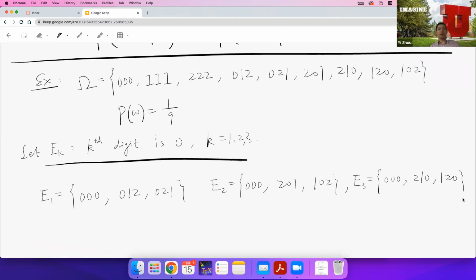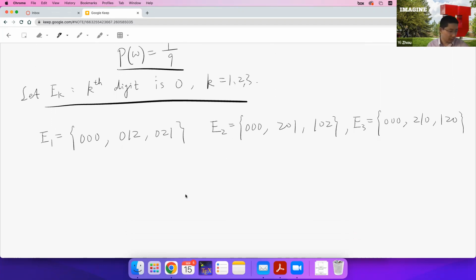Because we know every outcome happens with equal probability, and these events are clearly defined, we can look at the independence among these three events. To verify the independence, we need to start with pairwise independence.